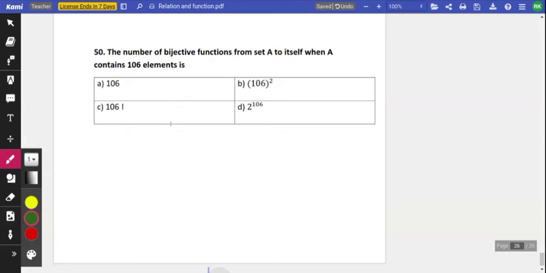You have to find the number of bijective functions from set A to itself when A contains 106 elements, meaning the number of elements in A is 106.